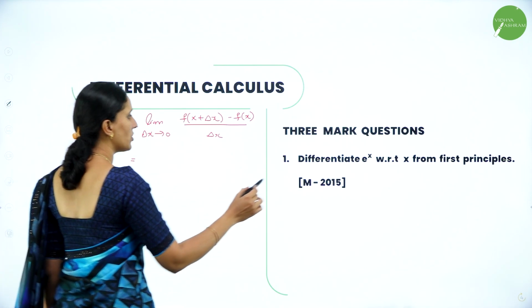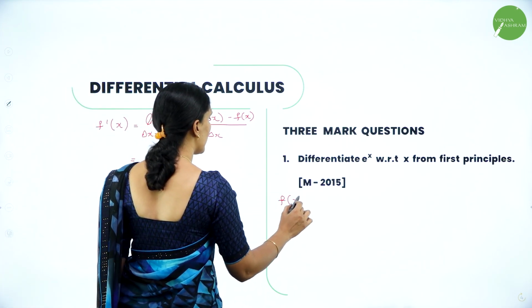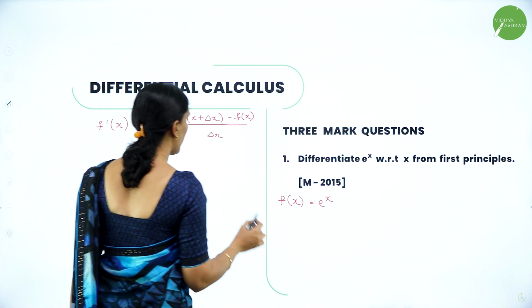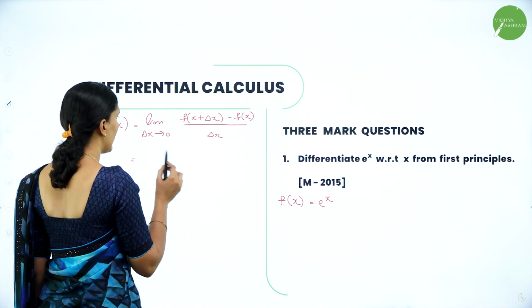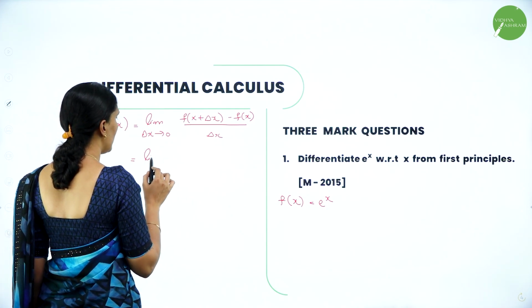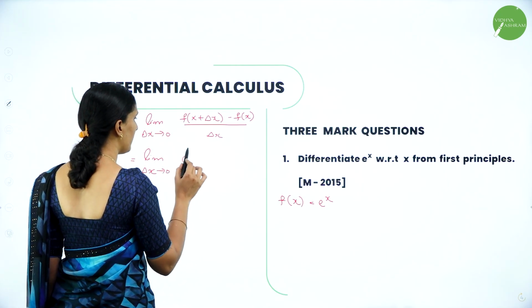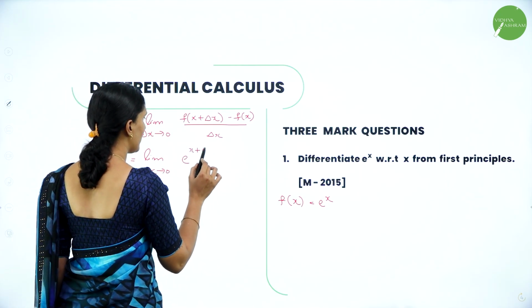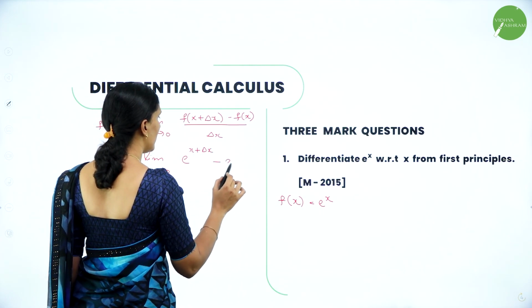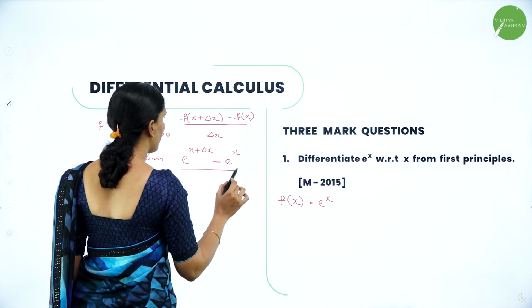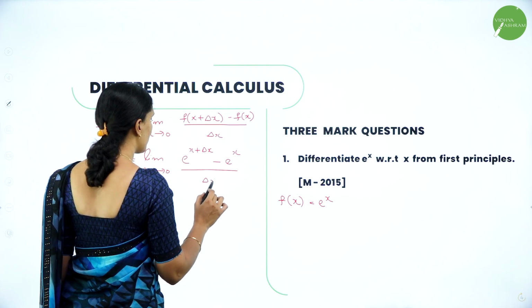Now since the function, that is f of x, is e power x, so f of x plus delta x can be written as limit delta x tends to 0, e to the power x plus delta x minus e to the power x divided by delta x.